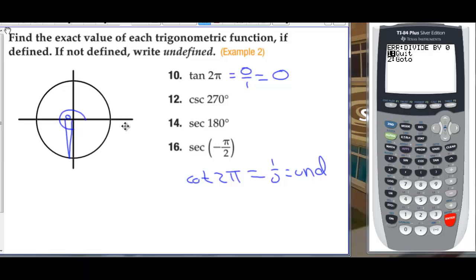And the length of the opposite side is getting really close to being not 1, but rather negative 1, because we're going down. So cosecant is a reciprocal of sine. Oh, by the way, the hypotenuse is always 1. This is called the unit circle. 1 unit. So the radius is always 1. Sine would be opposite over hypotenuse, or negative 1 over 1. So cosecant is 1 over negative 1, but either way, it's going to be negative 1.